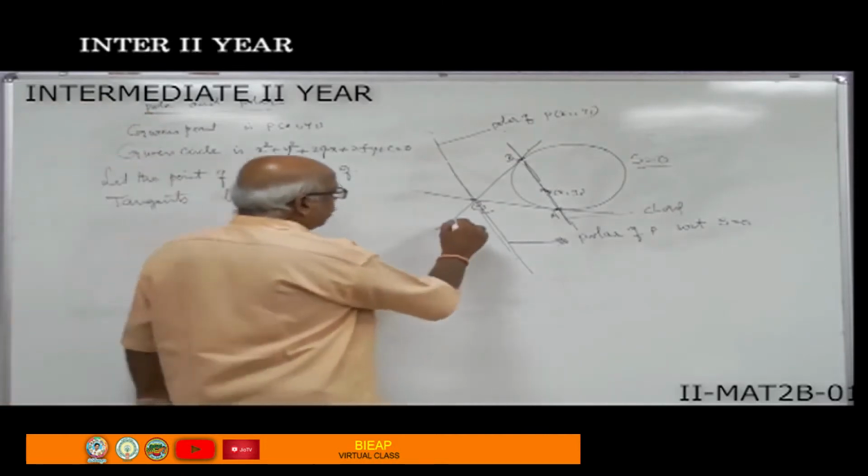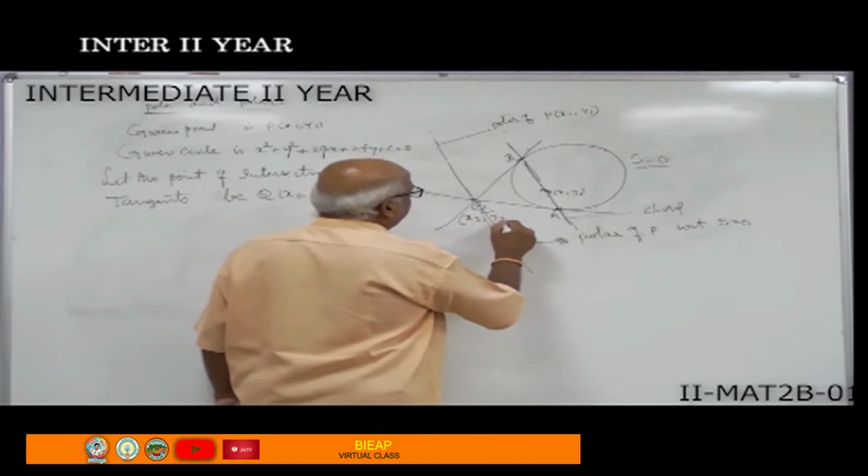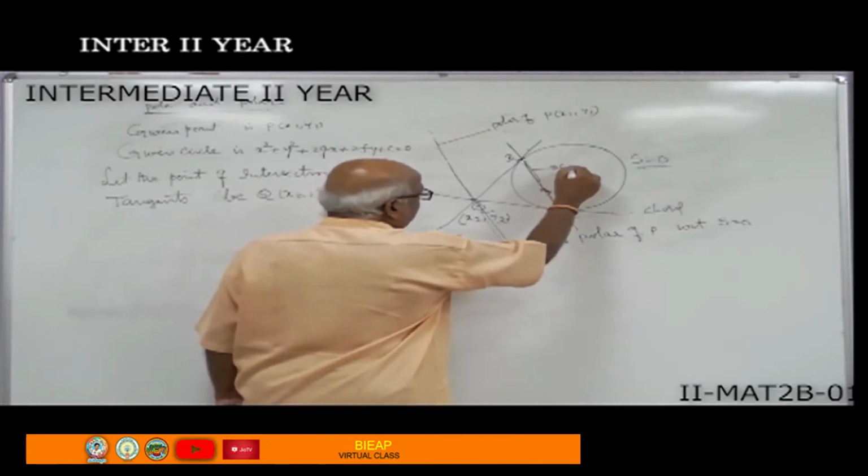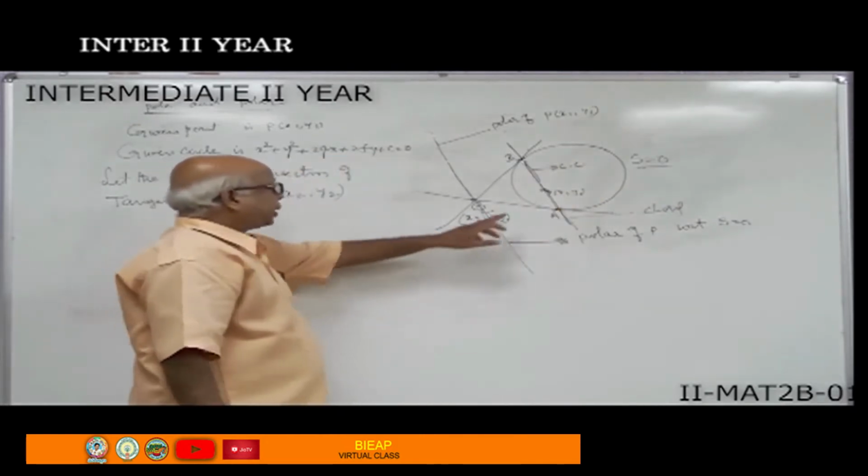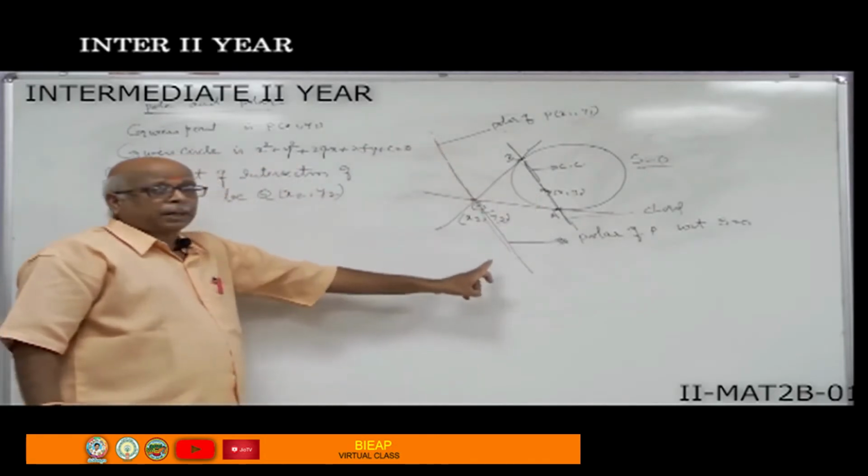So with respect to Q, what happens here? This line will become the chord of contact, and with respect to P, this line will become the polar.